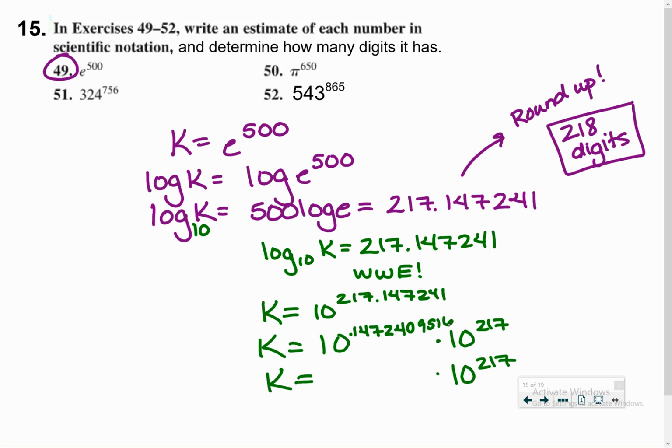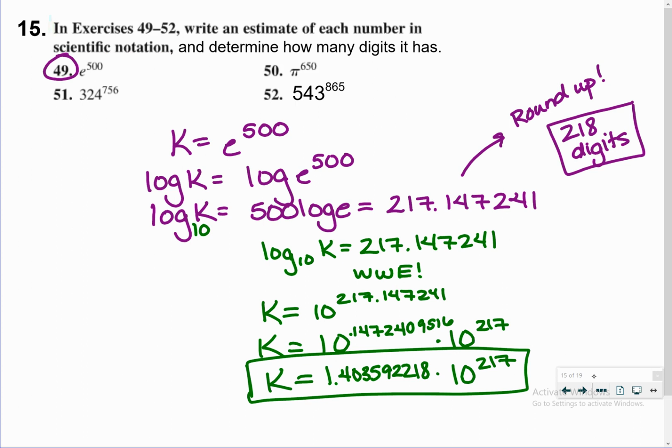And then in my calculator, just 10 to that previous answer power. Again, I'm really not rounding until the very end. And you should get 1.4035922218. Now it's important we have all those decimal places because this is a giant number. It is 218 digits, and we only have 10 digits of it. So there's still 208 zeros after it. So it's rounded significantly.